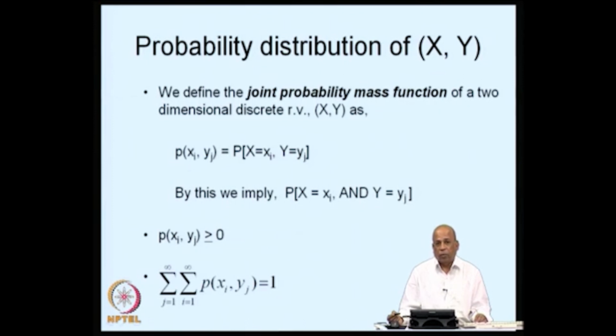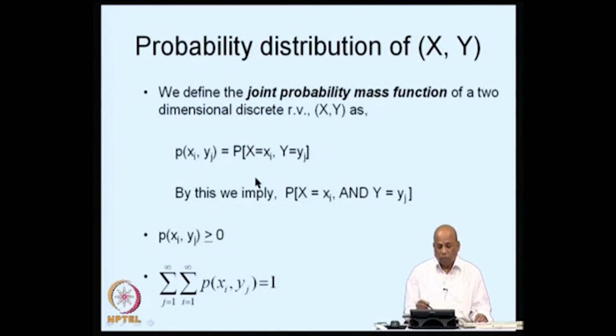When we are talking about joint distributions in this form, we mean the probability of x taking on a particular value x_i and simultaneously y taking on a particular value y_j. So, this is what is meant by p(x_i, y_j).